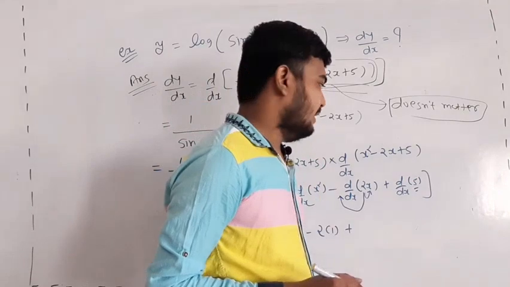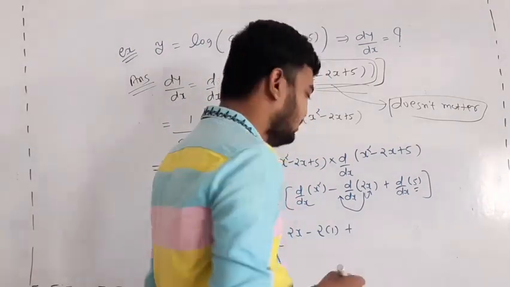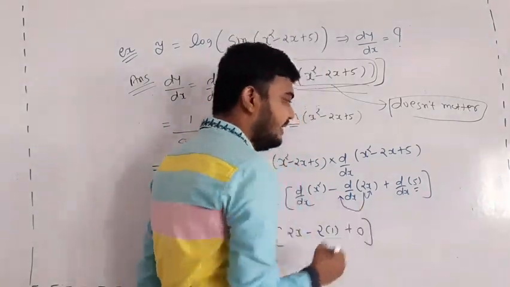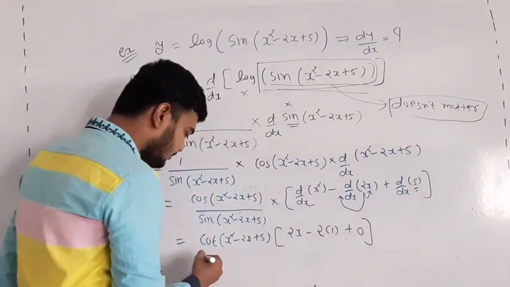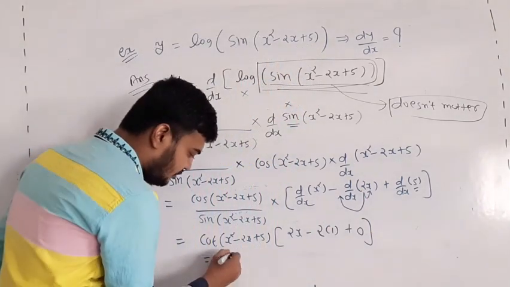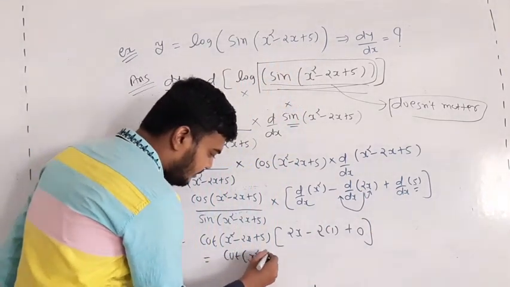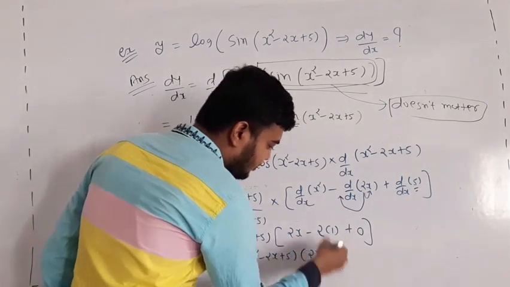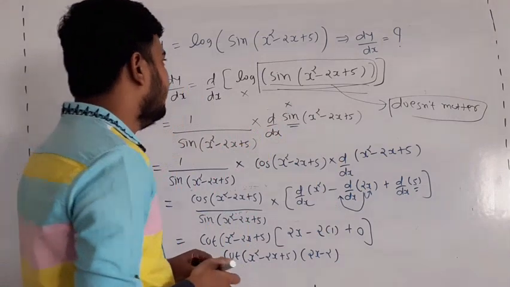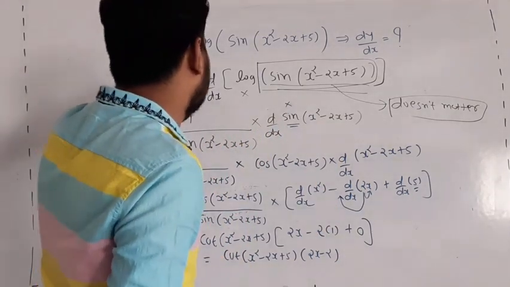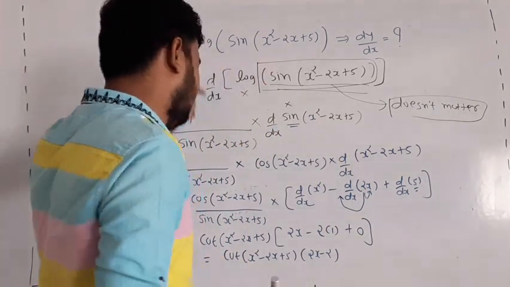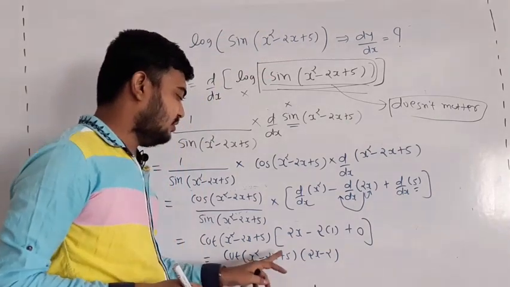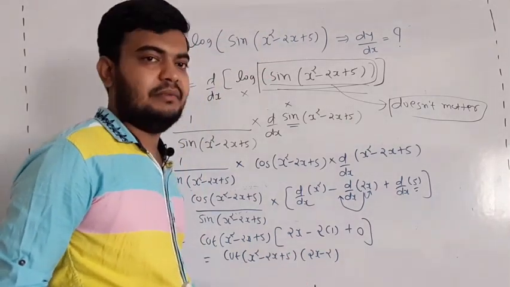So we know that the derivative of a constant term is 0. So d by dx of 5 is 0. So the final answer is cot of x square minus 2x plus 5 into 2x minus 2. So the derivative of this function is cot of x square minus 2x plus 5 into 2x minus 2.